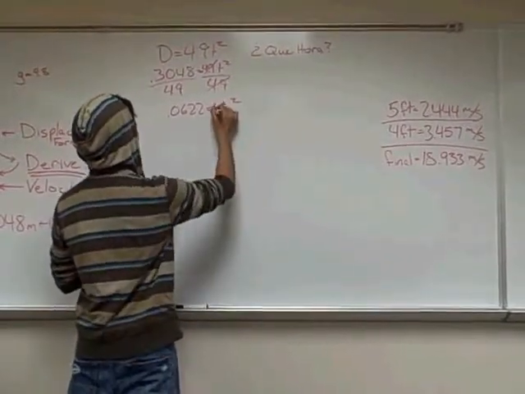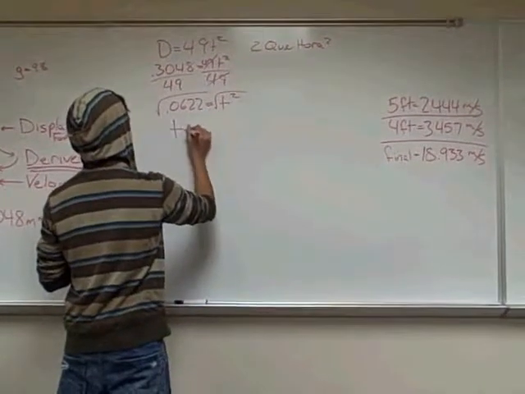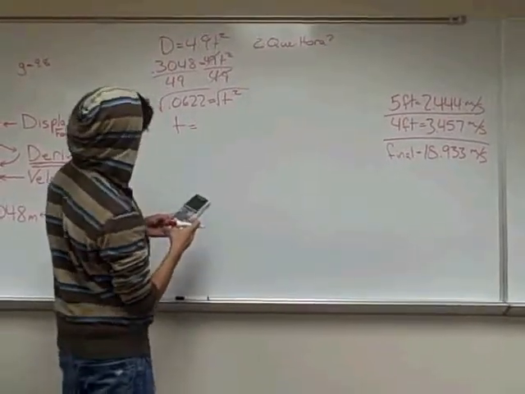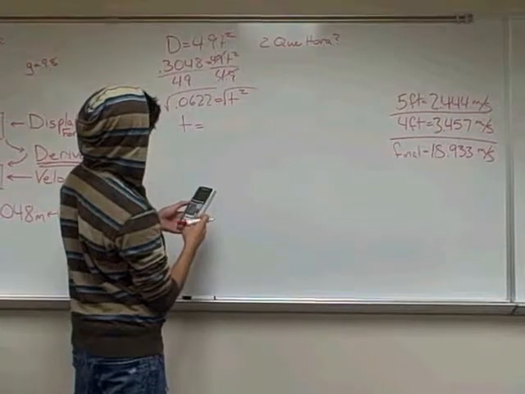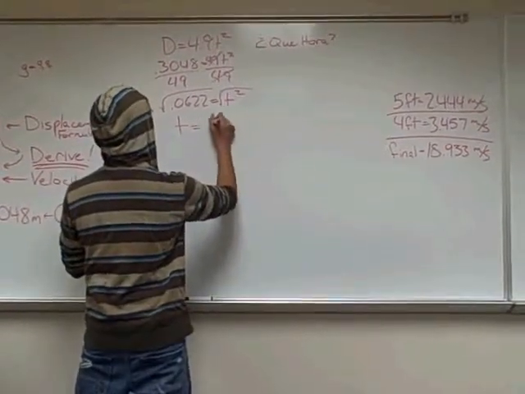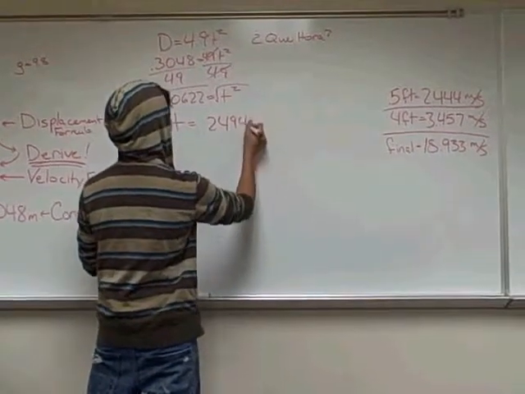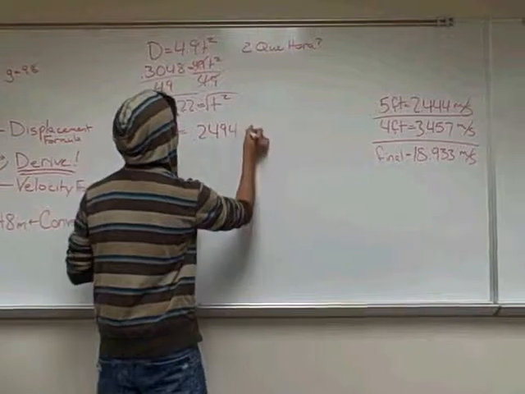Get rid of the t squared, take the square root of both sides. t is equal to 0.2494. That would be seconds.